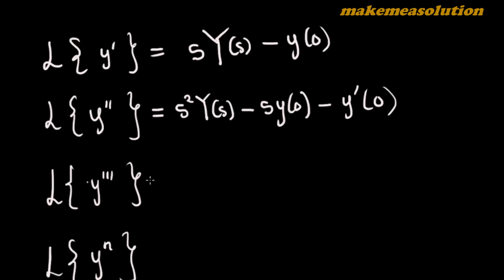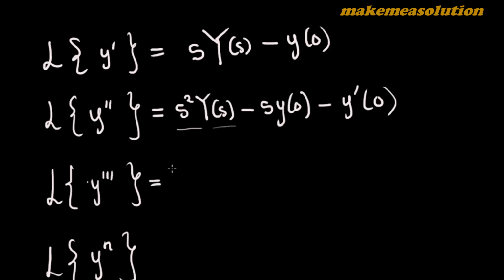When you're taking the Laplace transform, s square Y of s minus s y of 0 minus y prime of 0. The most important thing is this place. When you're taking the Laplace transform of the second derivative, the power of s on that first term having capital Y of s will be 2. Now let's look at y triple prime.